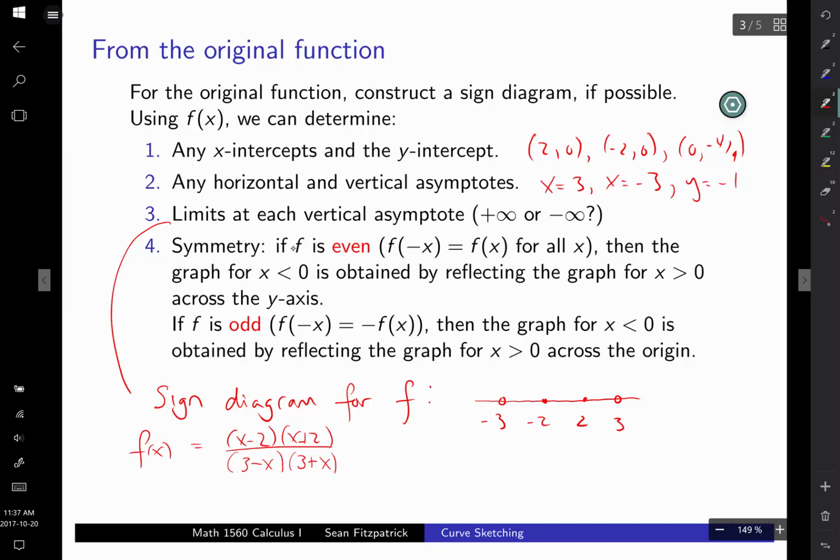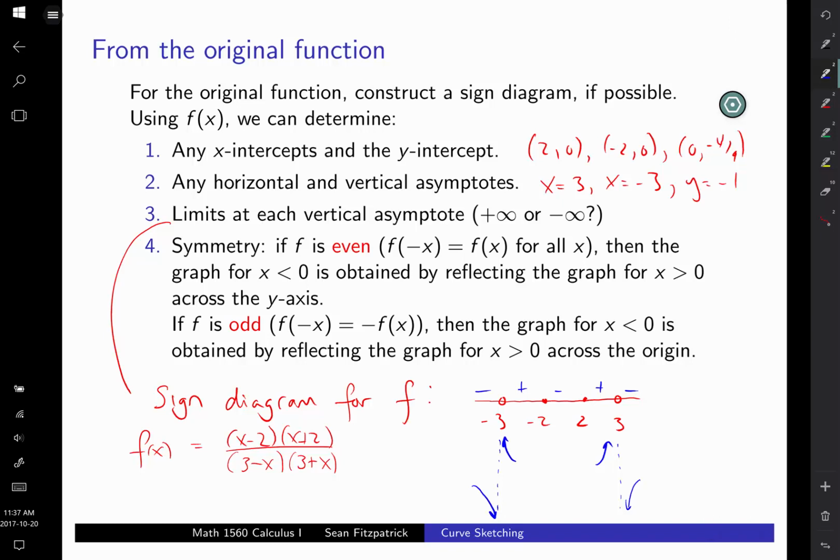And if you work out the signs in each interval, you'll find that the signs go like this: plus, minus, minus, plus, minus, right? So now we know that for the asymptote at minus 3, we're going down to minus infinity on that side, we're going to plus infinity on that side, and similarly here we're going to plus infinity there, minus infinity there, just by looking at those signs in the sign diagram.